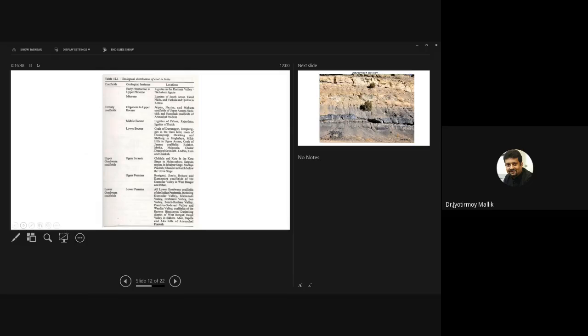Now, geological distribution of coals in India. There are Tertiary coal fields in India, upper Gondwana coal fields and lower Gondwana coal fields.